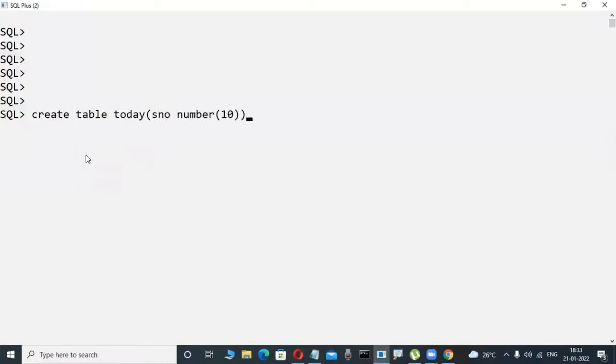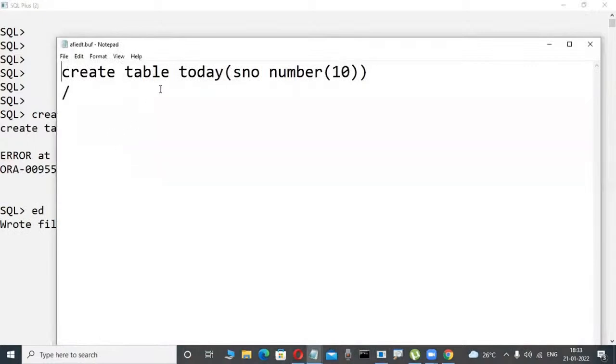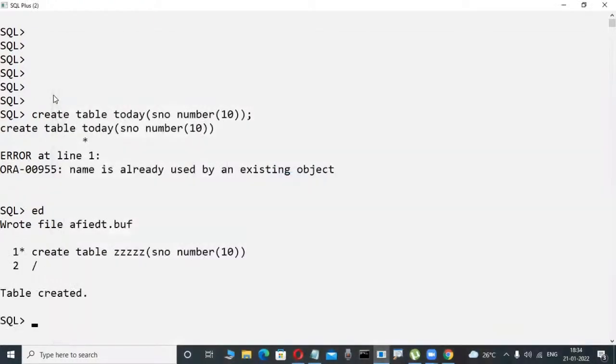Slowly observe it here, concentrate. Suppose Z is a table. For example, I am creating it.